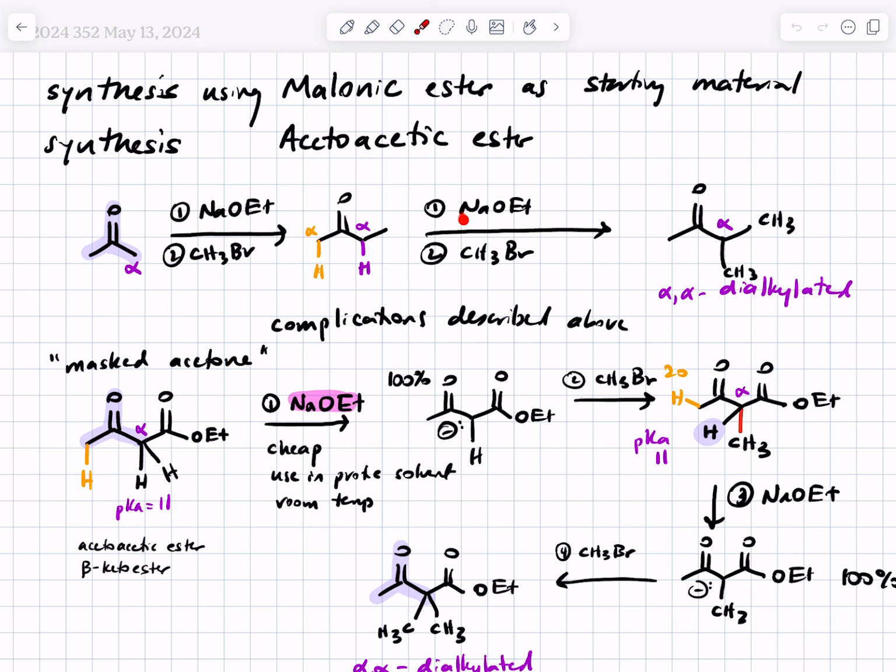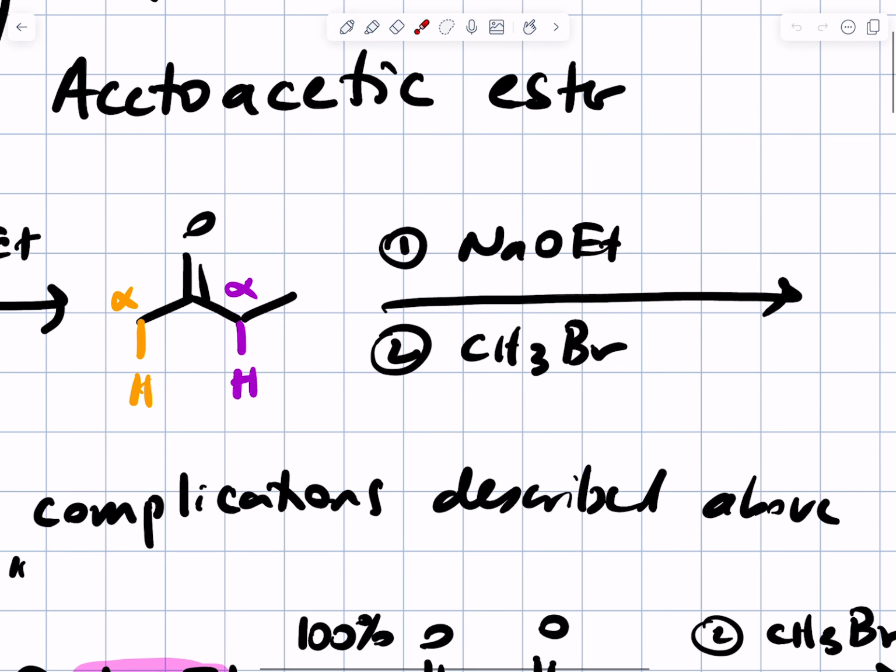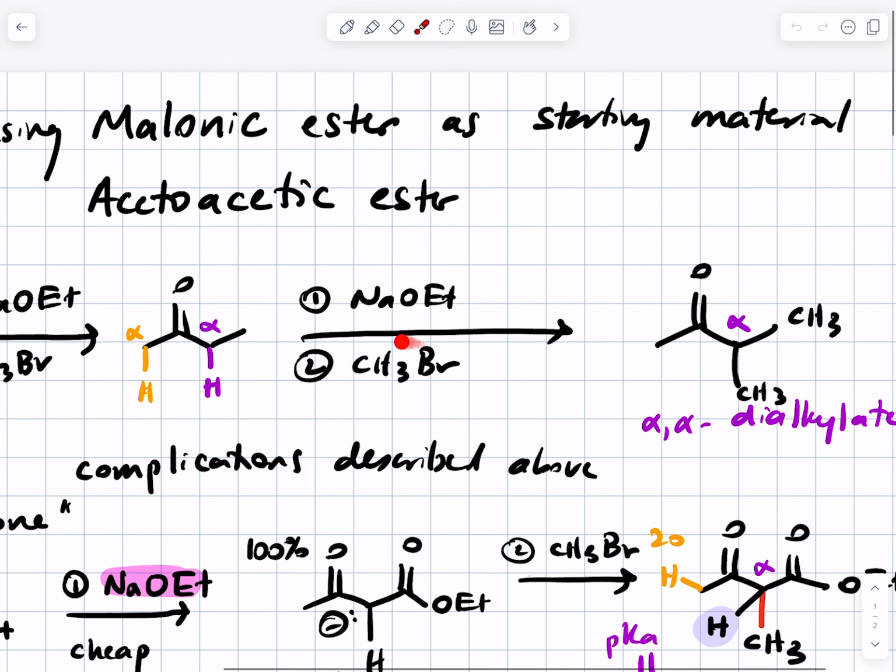And then under reversible enolate formation conditions, you can hope that it works again the second time. Here you have to trust in the potential for regioselective removal of the purple alpha proton and then installation of the alkyl group on that purple alpha carbon.